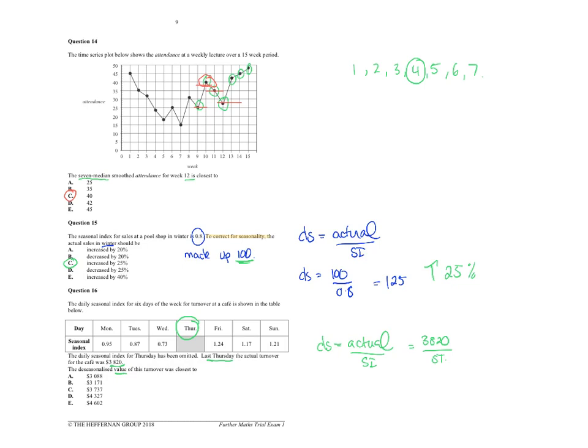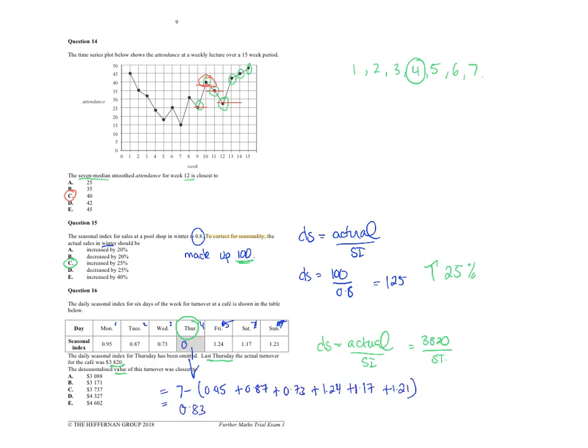Now, because there are 7 categories here, or whatever, seasons. Sorry, I can't count. 4, 5, 6, 7. The way you find the seasonal index here would be 7 minus all the other ones added up, and that will give you the seasonal index.